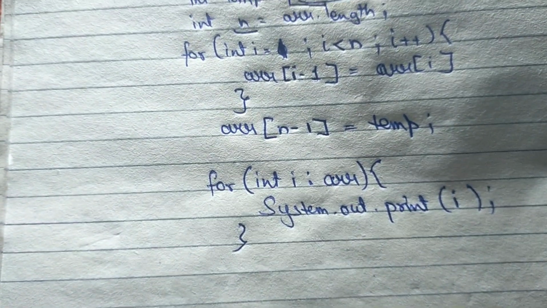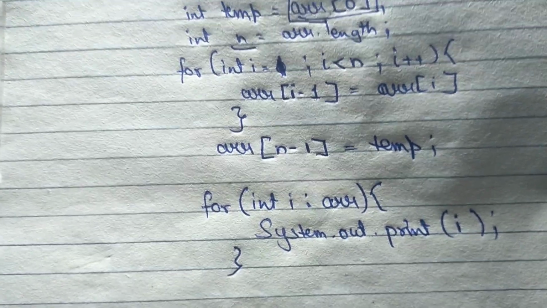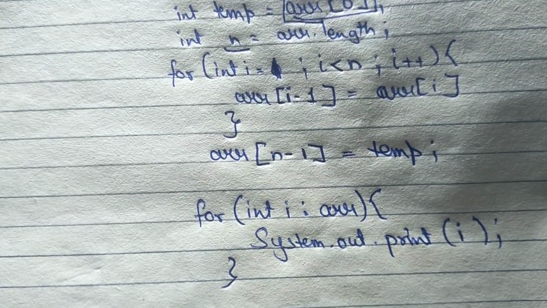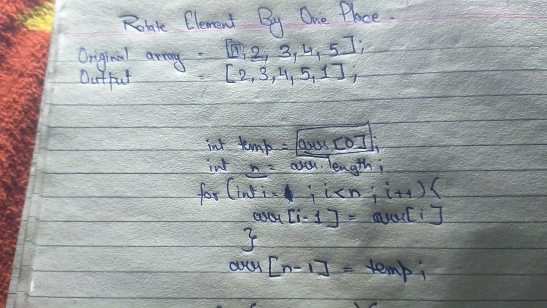So here's the code through which we can easily print the output we want. This is the easiest way of rotating the elements by one place.